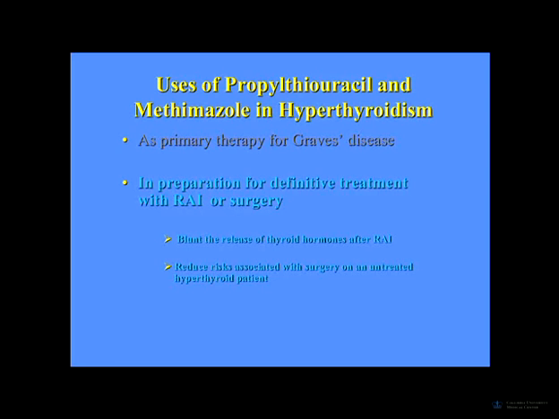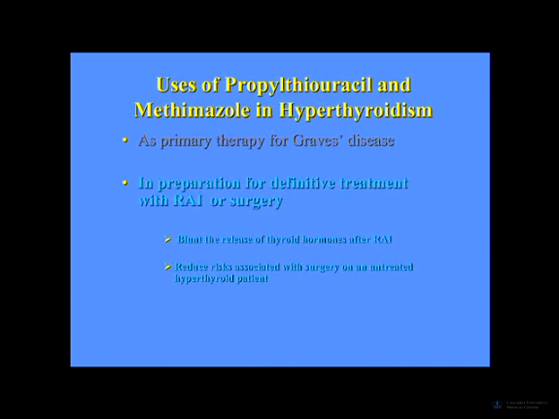Dropping the atomic cocktail of radioactive iodide into the thyroid gland leads to cell death, necrosis, and release of preformed thyroid hormone. Thyroid hormone levels will go up starting about a week after administering the radioactive iodide, peak at about 2 weeks, and then gradually come down.